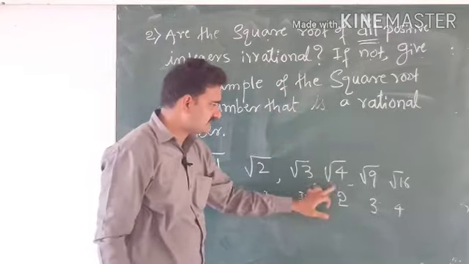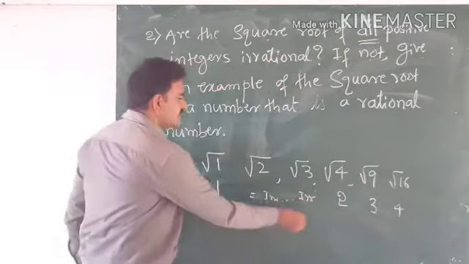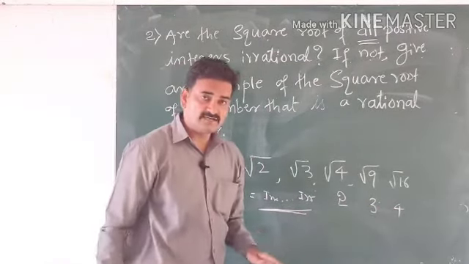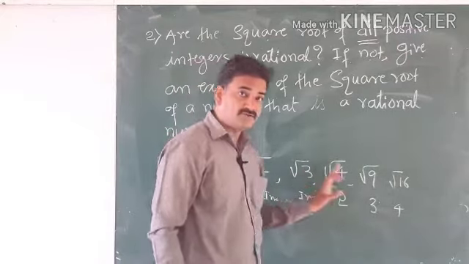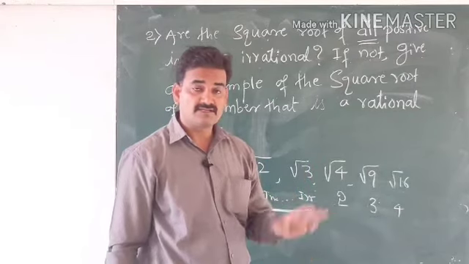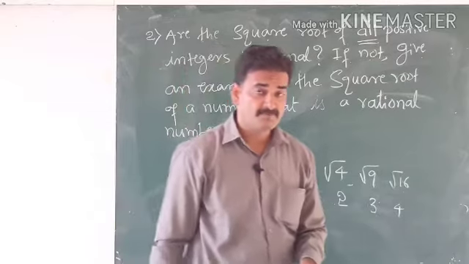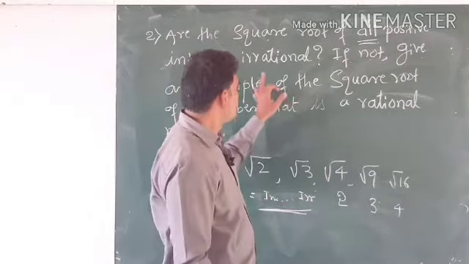No. See here it is rational, rational, rational. These are irrational. That means wherever you get a prime number with a root, root 2, root 3, root 5, root 7, root 11, root 13, root 17, root 19, root 23, 29, root 31, these are all irrational numbers.